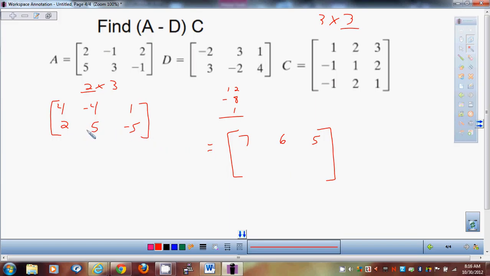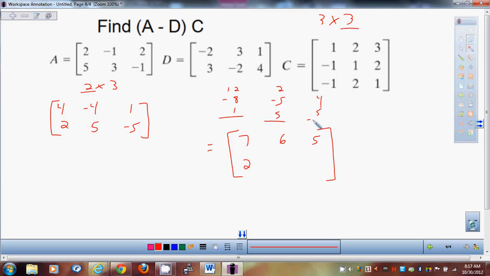Alright, we're out of columns, so what do I do now? Next row. 2 times 1 is 2. 5 times negative 1 is negative 5. Negative 5 times negative 1 is positive 5. Add all those up. Second row, second column. 2 times 2 is 4. 5 times 1 is 5.